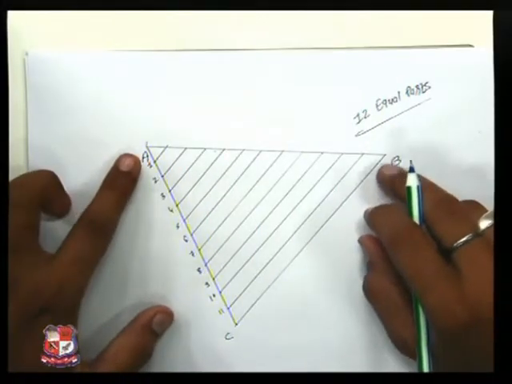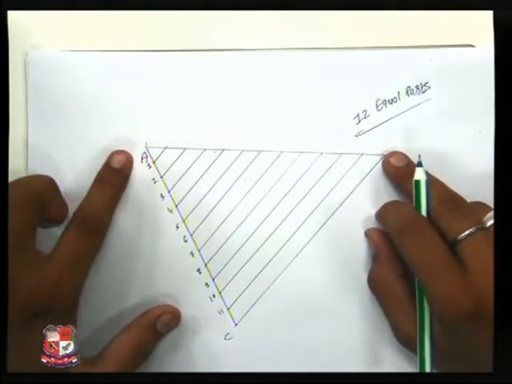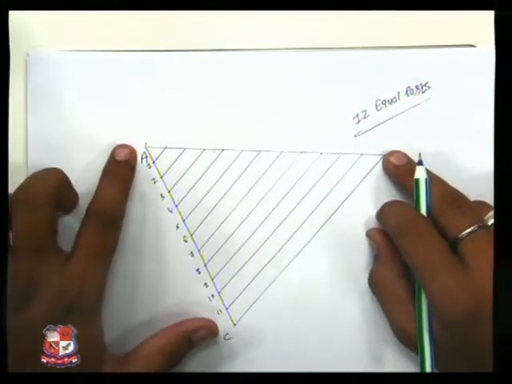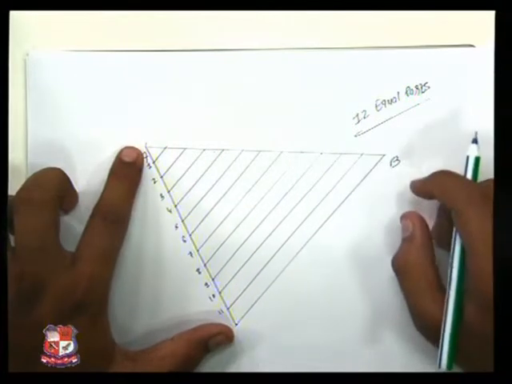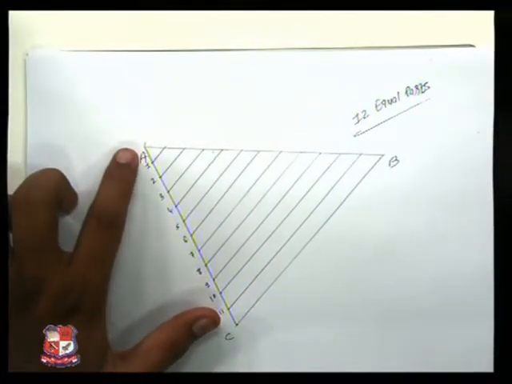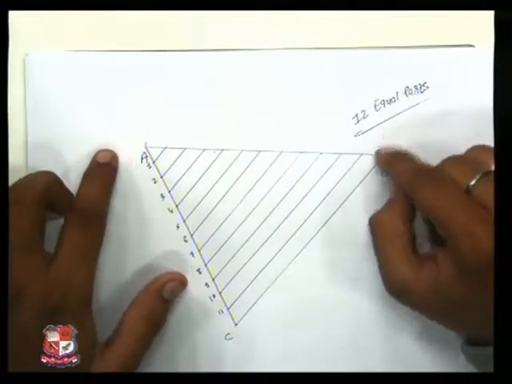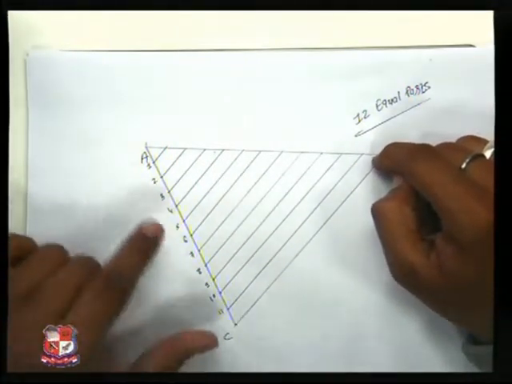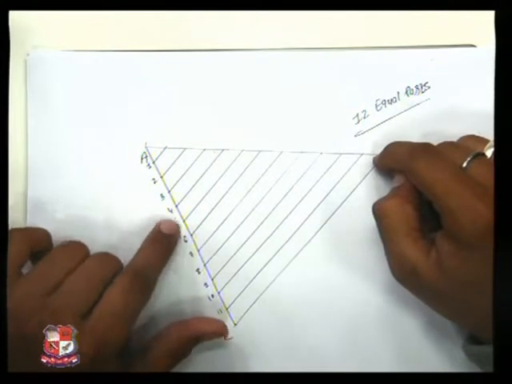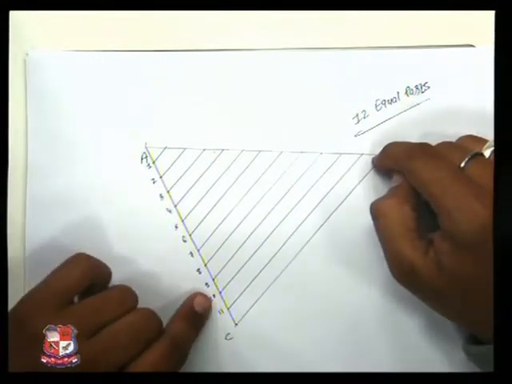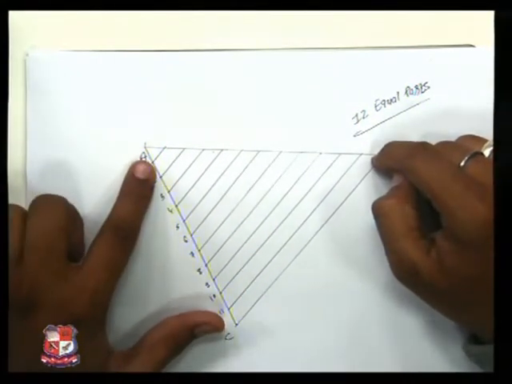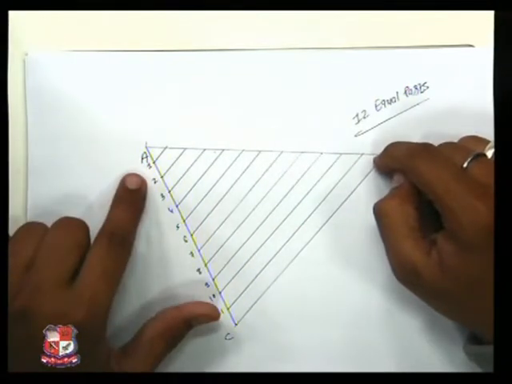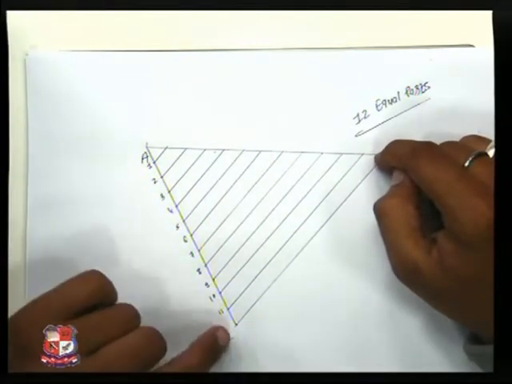Okay. Now to divide this line, you need to draw a known distance line. Here I want to divide this line into 12 equal parts. So I have drawn a 12 centimeter line and I have divided this 12 centimeter line into 12 portions, 1 centimeter each. I have given the nomenclature 1 to 11.